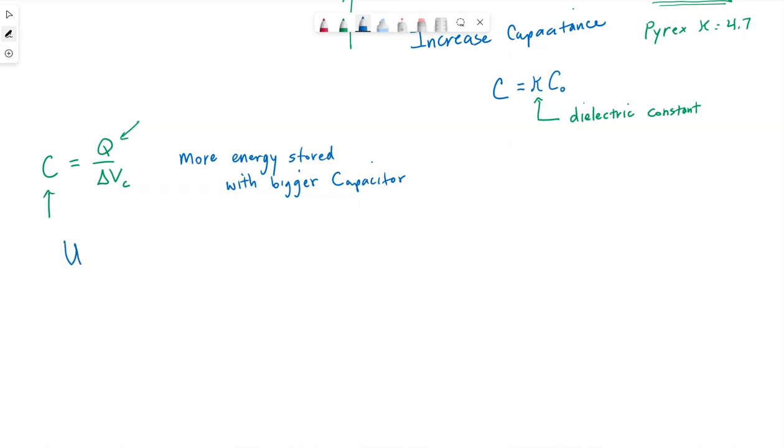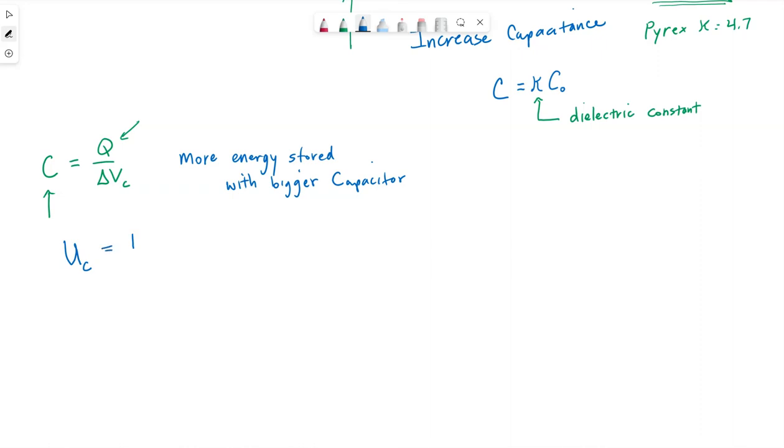Capacitors store energy. We're going to use a capital U because that is the symbol we've been using to represent stored energy. In the test notes, we have U sub cap, C-A-P. I tend to just use U sub C, meaning the energy stored in a capacitor specifically.